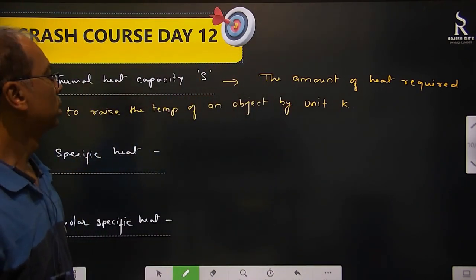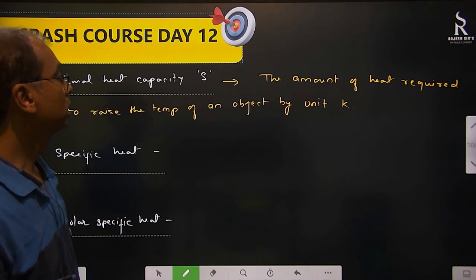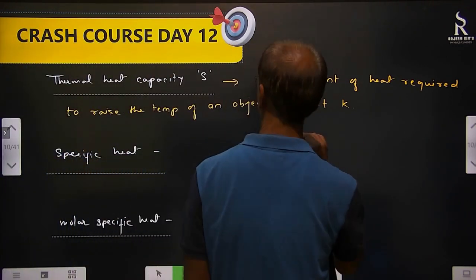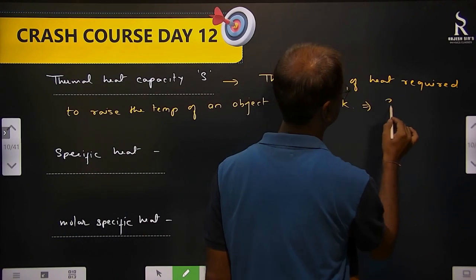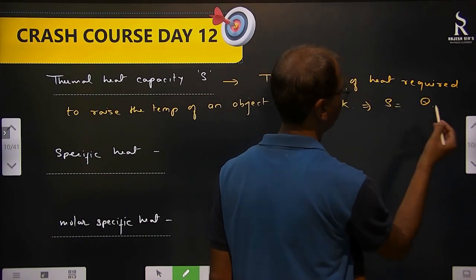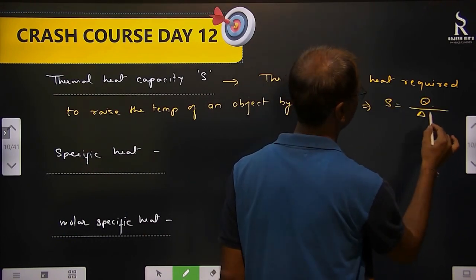How to write it? I have represented it with S. So S is equal to Q, the amount of heat required, by delta T.